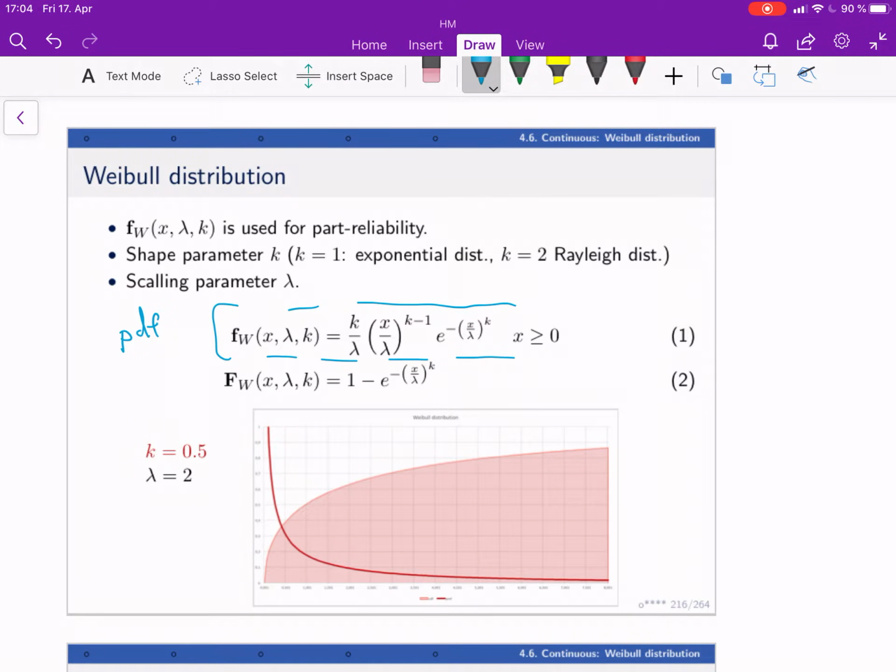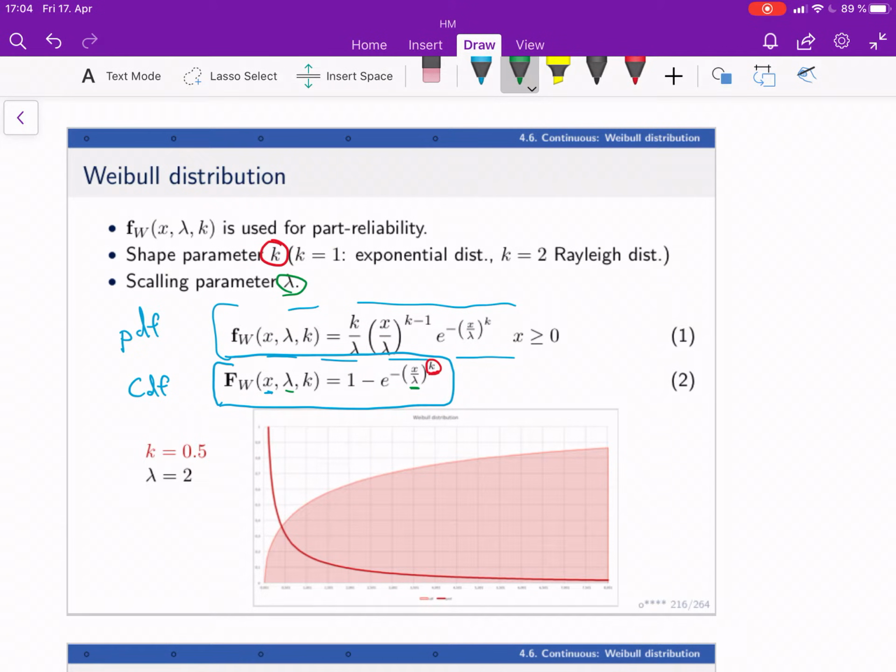Easier to see what's going on is the CDF down here. And that's got the variable x, and then there are two parameters. There's the shape parameter k, you find that one here up in the exponent, and there's a scaling parameter lambda.